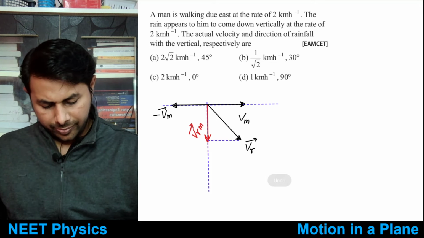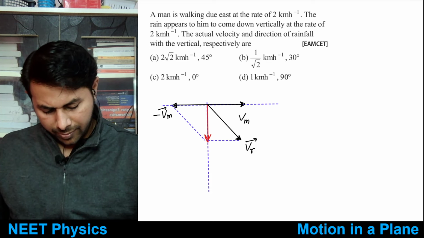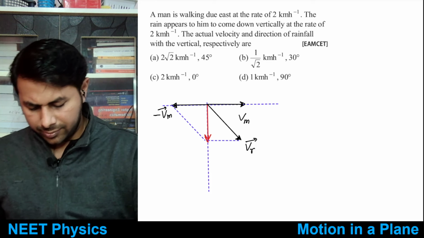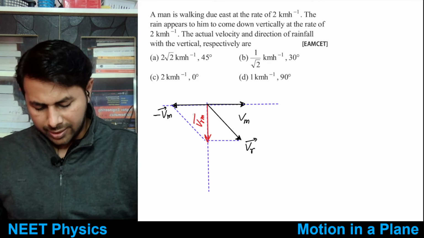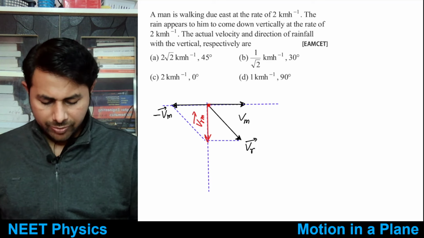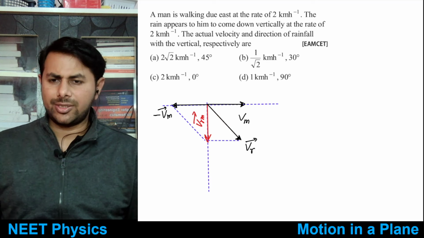This is VRM bar. So now you tell me, what's the direction of this VR bar? How much is the magnitude, first of all?